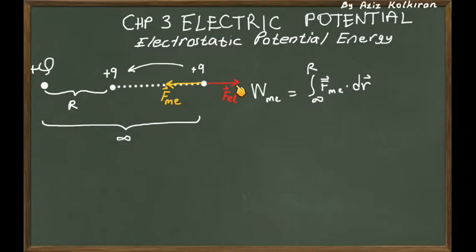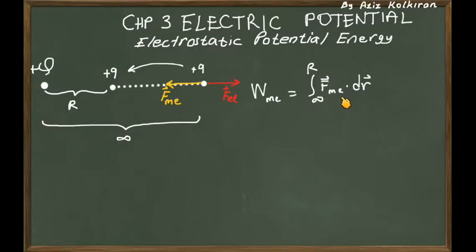And if this is an x-axis, dr is nothing but dx, right? Why do I have to write this as an integral? Because the force is changing. The force is changing all during this motion. And so if the force were constant, then I would just multiply this constant force times the total distance from infinity to there. But the force is not constant, so I have to write this integral.